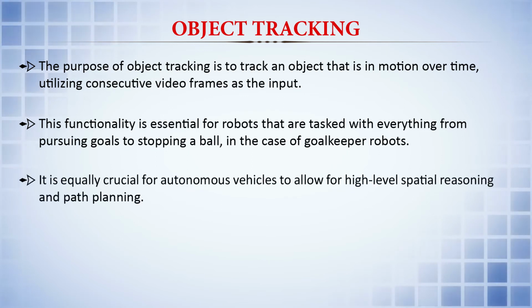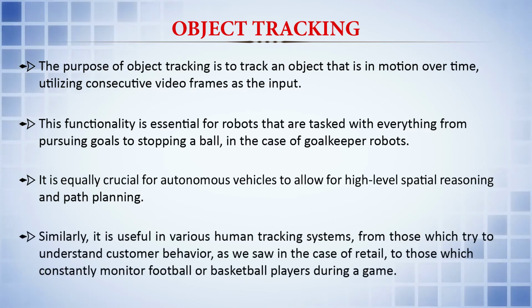It is equally crucial for autonomous vehicles to allow for high-level spatial reasoning and path planning. So, here you can see this task is different from the other tasks like object identification. Here, object tracking is tracking an object that is in motion over time, which can be captured utilizing consecutive video frames as the input.